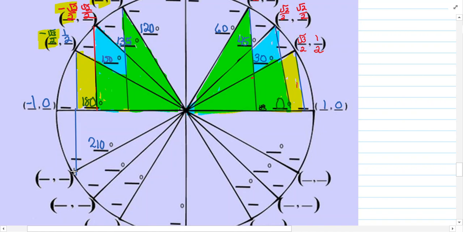Now my bow tie is going to look kind of funny because the lines aren't cooperating, but you get the idea. And here we're talking quadrant 3.